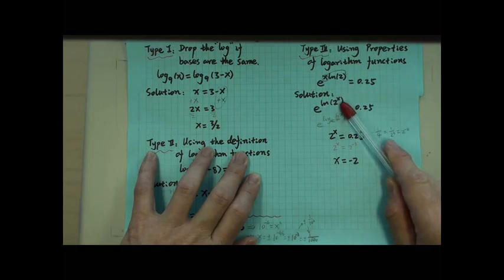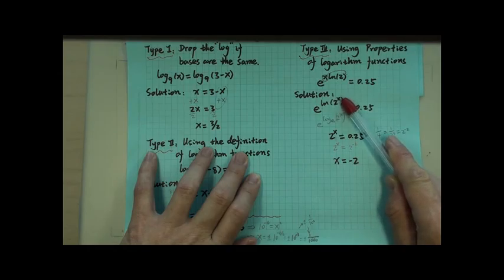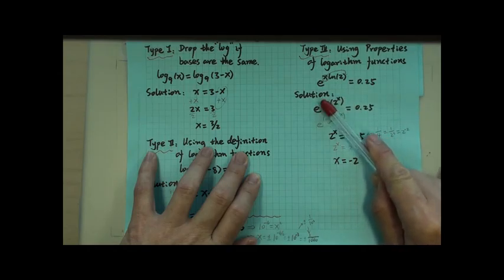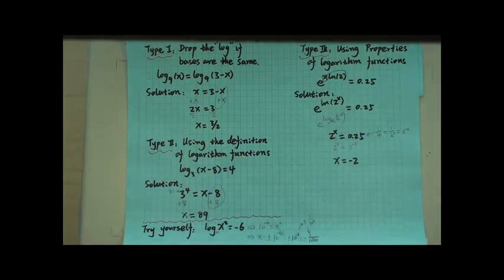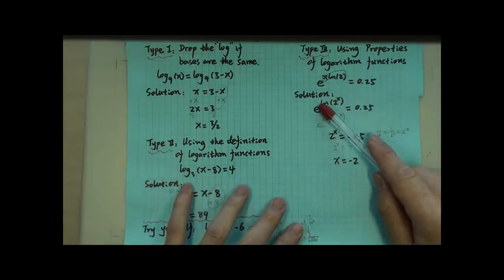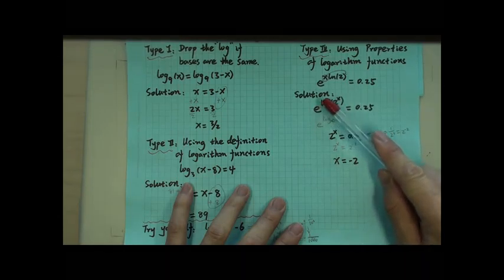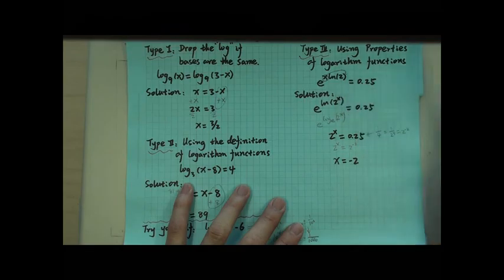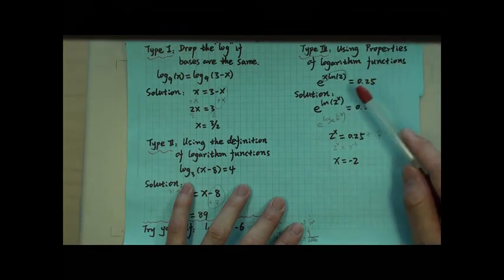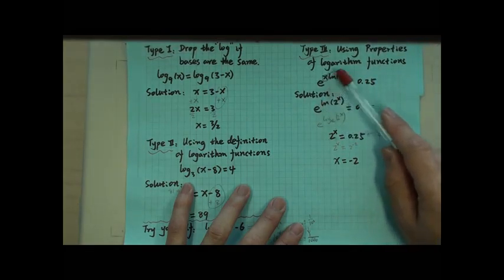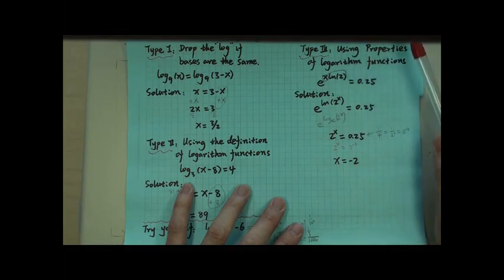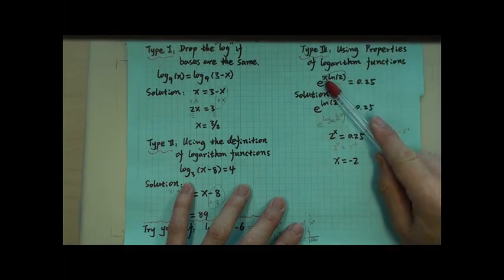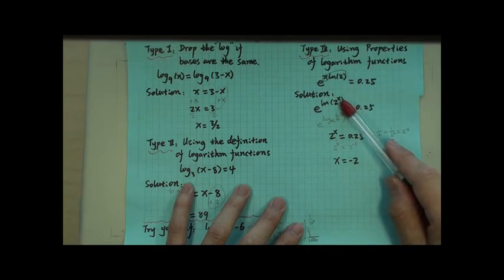That's one of the properties. If you have a coefficient in front of natural log or any log, you can always bring it to the exponent. If it can go down, it can also go up. So we bring this x to the exponent of 2.